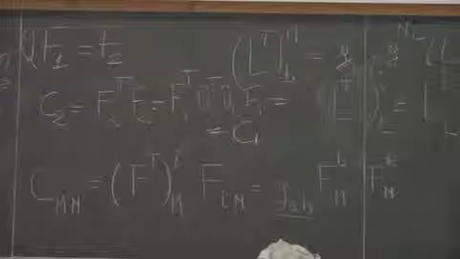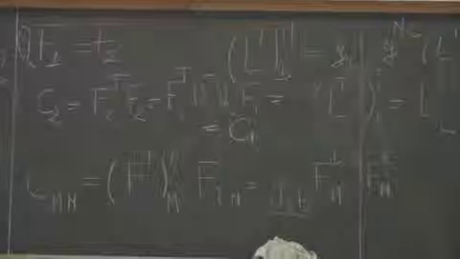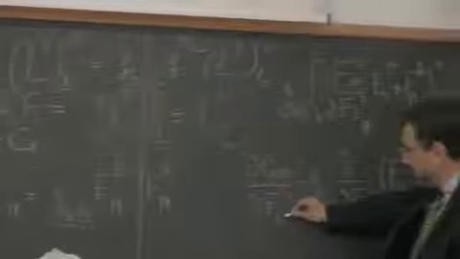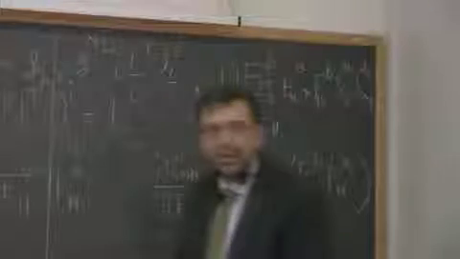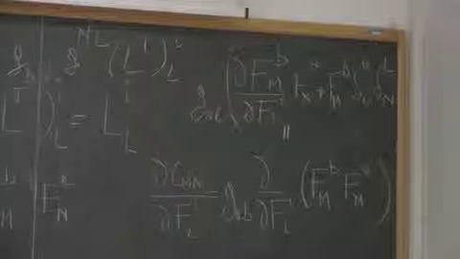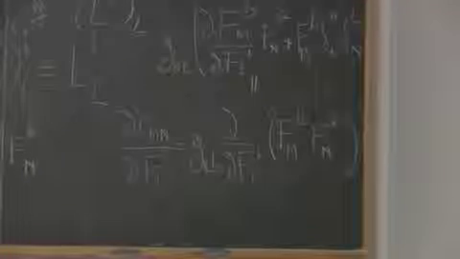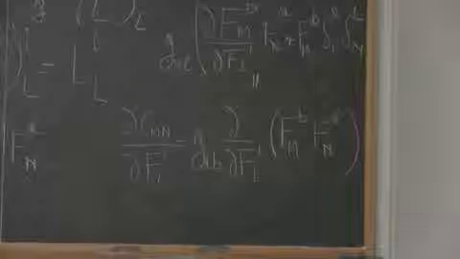Why do I need this explicit expression? I need this explicit formula because soon I will need to calculate dC_mn over dF_iL. This technicality I will need soon. So I prefer to do the calculation before, and then I will not be obliged to stop my variational argument to prove a technical result on the side.